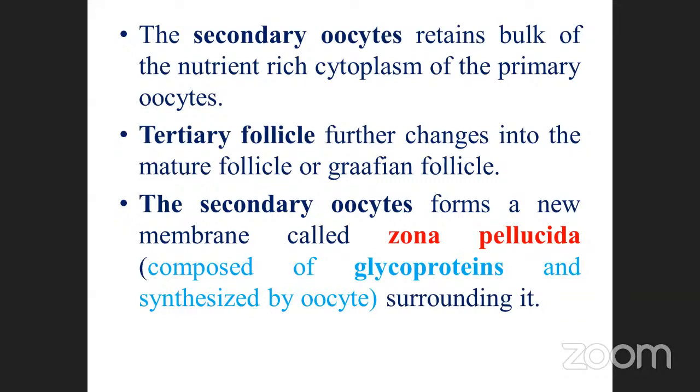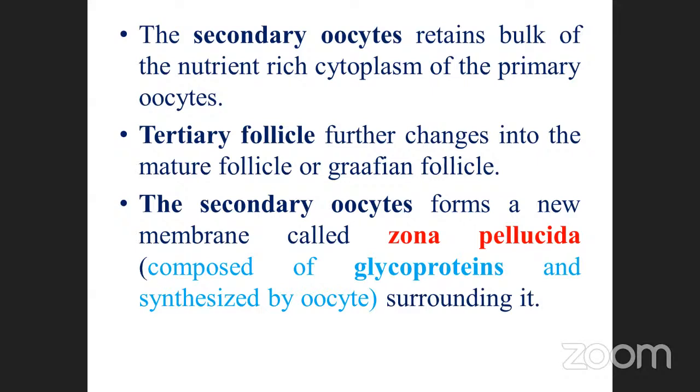Note it down, this is very, very important. The zona pellucida is formed from the secondary oocyte present in the tertiary follicle, which produces the Graafian follicle. It is composed of glycoprotein and synthesized by the oocyte surrounding it. The glycoprotein component surrounding the oocyte is called the zona pellucida.